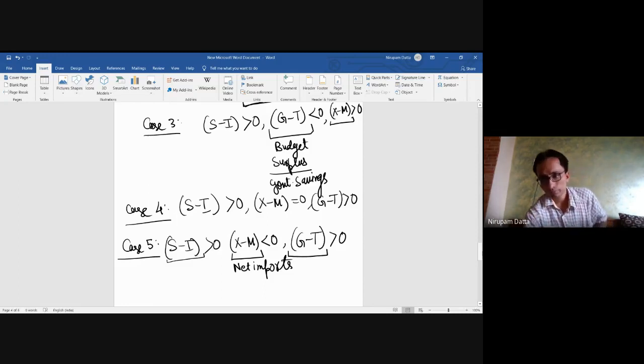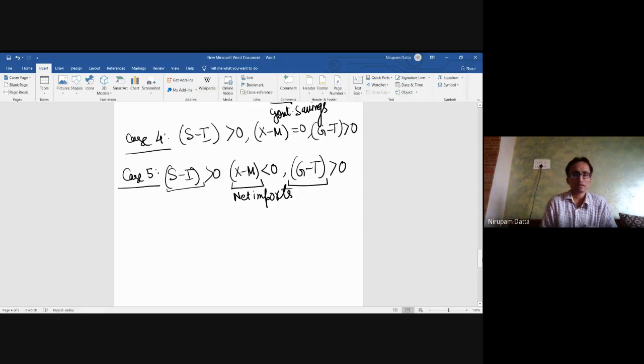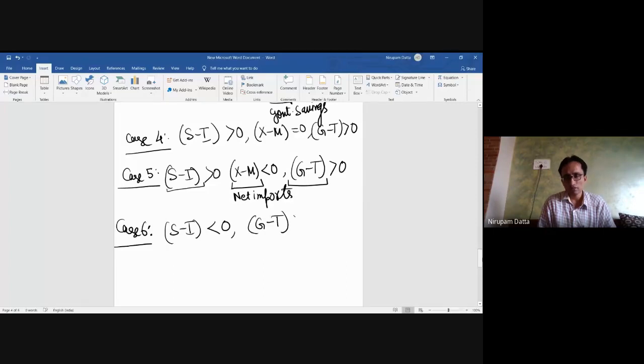Now I'll talk about a last case. So there can be several cases; I'm just enumerating some of them. G minus T is greater than 0. That means X minus M has to be less than 0.